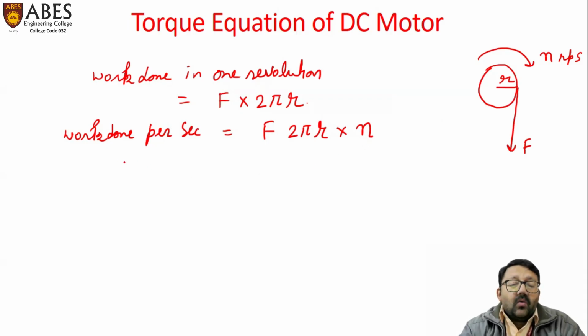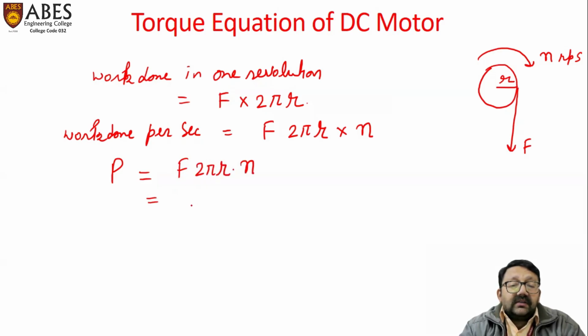As we all know, work done per second is the rate at which energy is consumed, or power. So, the power can be given by F into 2 pi r into n.